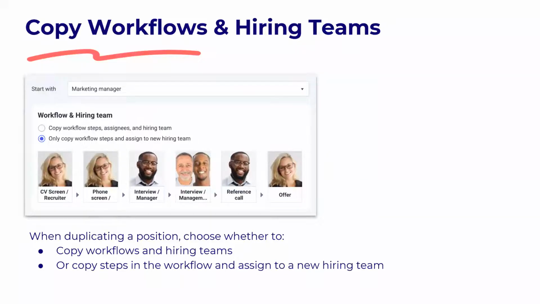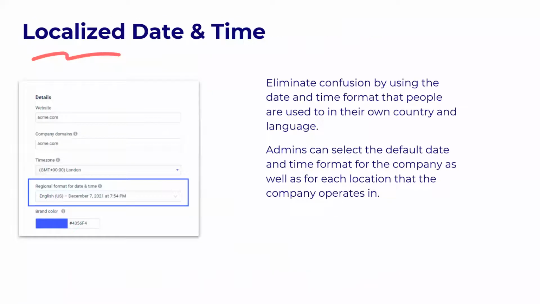If there was a marketing manager position a year ago, and now the same steps need to be added as well, instead of building and creating it from scratch, you can duplicate positions. And when doing this, now the system will prompt a message asking you if you want to copy only the workflow steps and assign a new hiring team, or you're also having the same hiring team continue the hiring process. So this is just a nice addition.